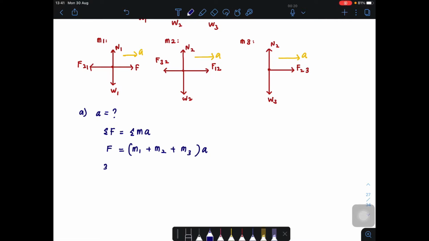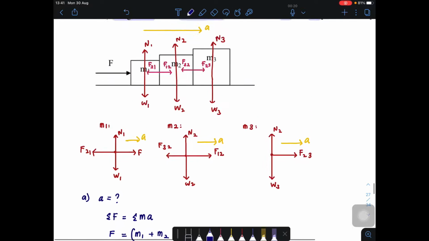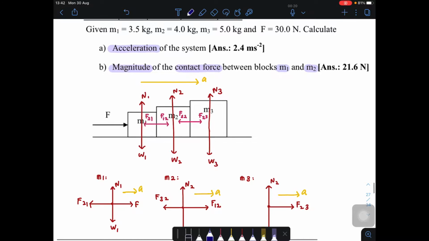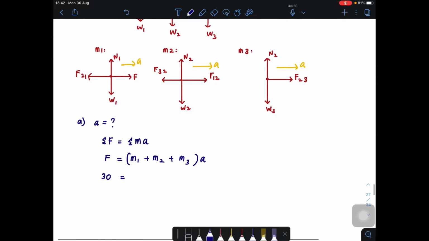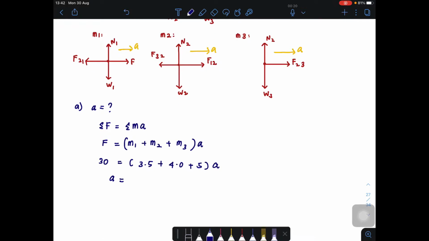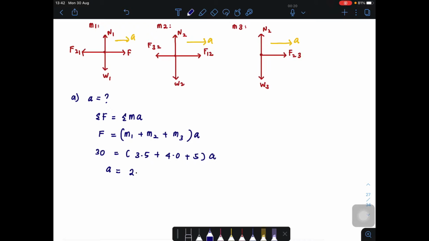So boleh masukkan 30 is equal to M1 sama dengan 3.5, M2 4, M3 is 5. So you will get A is equal to 2.4 meter per second squared.